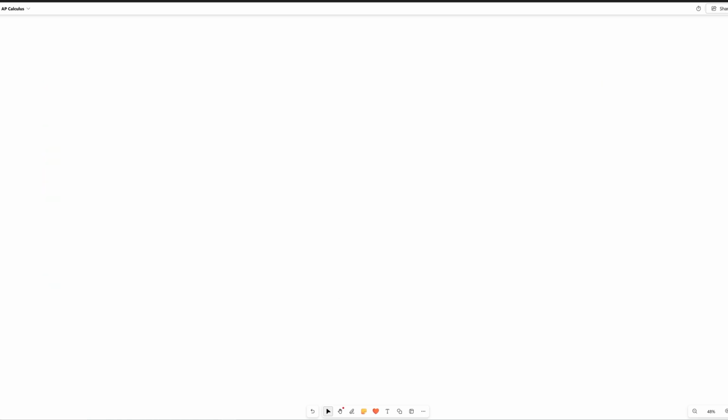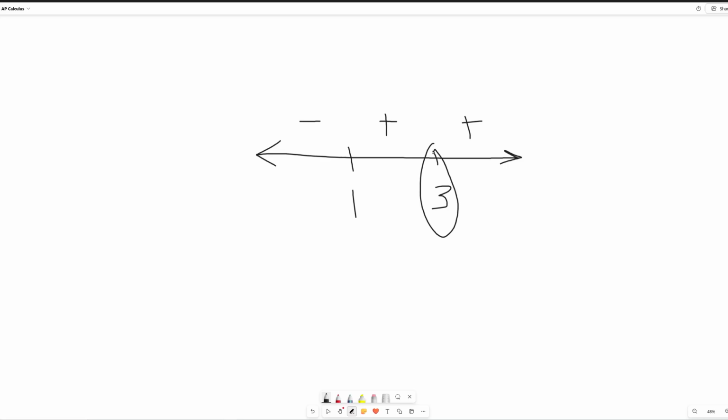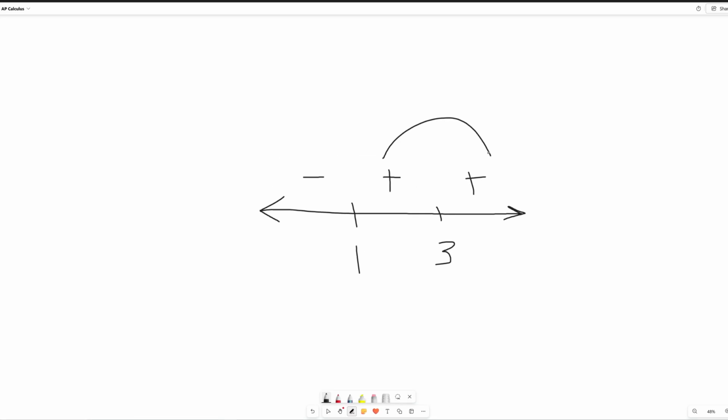Now, if I were to give you the sign chart of some arbitrary function like this, this is still a critical point. Even though the sign of the derivative doesn't change, it's still, hypothetically speaking, equal to 0 at x equals 3. This is important to note for later, because this relationship is not true for concavity.